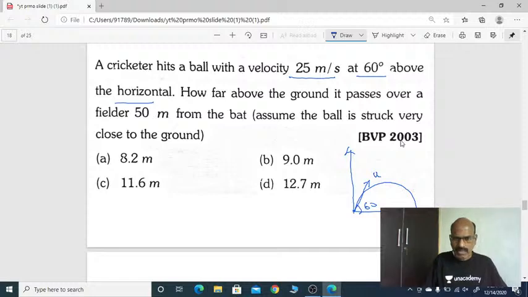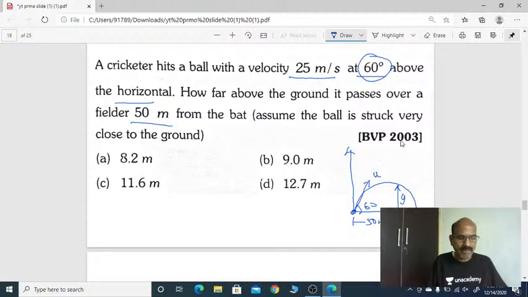How far above the ground does it pass over the fielder? Suppose here is the fielder, y displacement, how far above the ground it goes over the fielder, the height. 50 meter from the bat, so this distance is 50 meter, right?